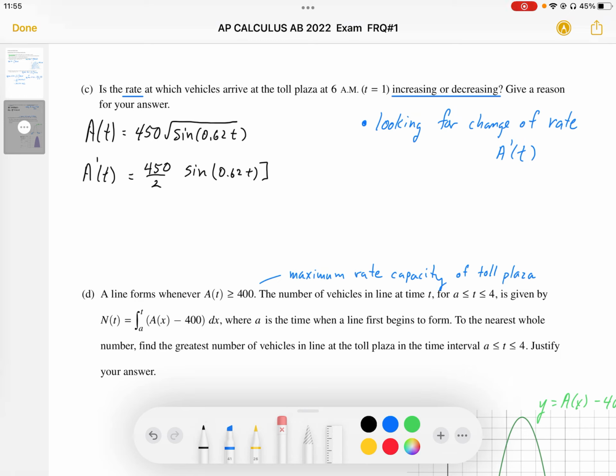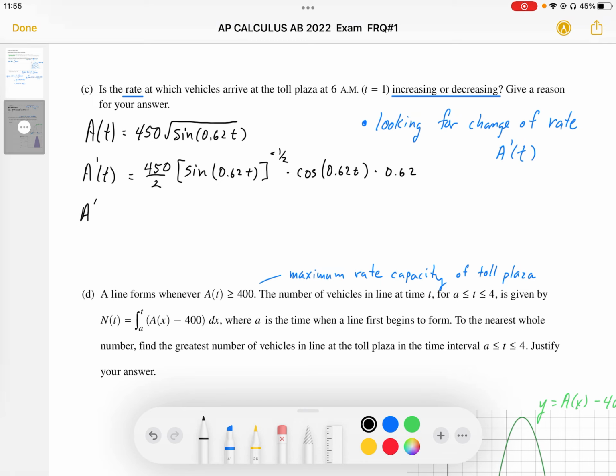Just going to clean this up a bit. I'm applying the chain rule here. So negative 1/2 times, then I need to differentiate the sine, so cosine of 0.62 t, and then I need to apply the chain rule again, so times 0.62. So there's my derivative, okay?